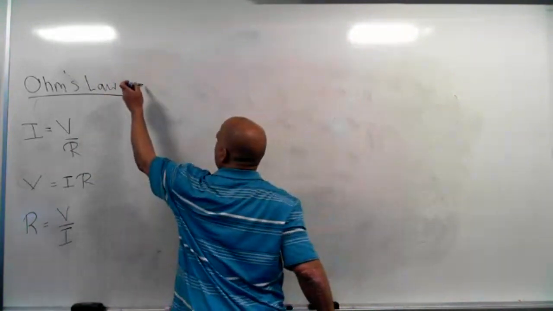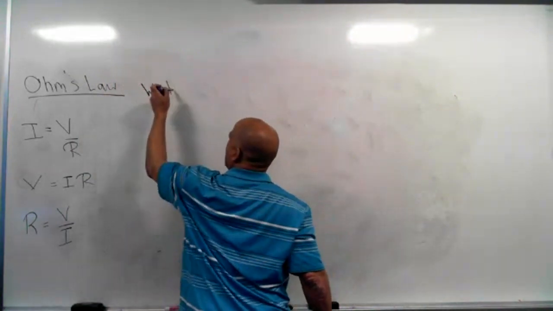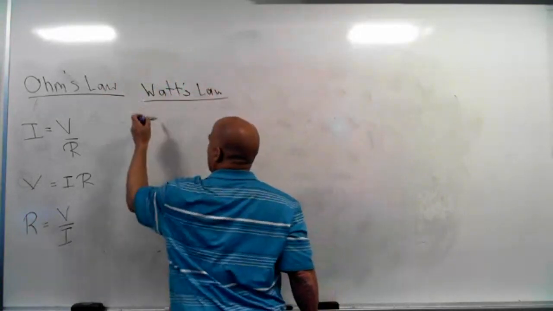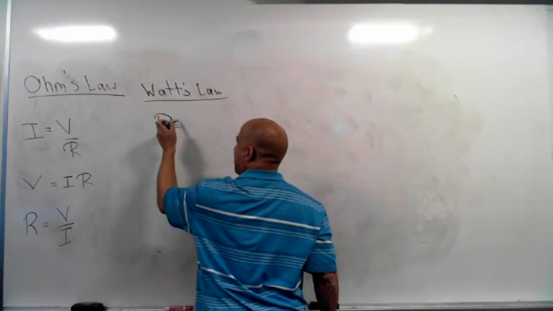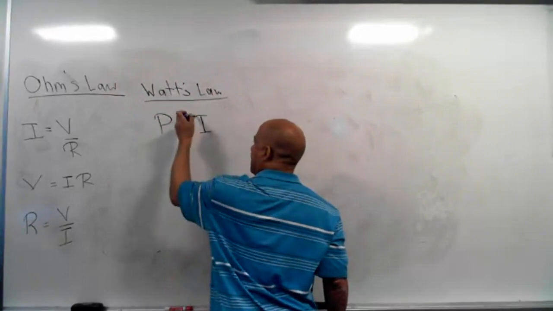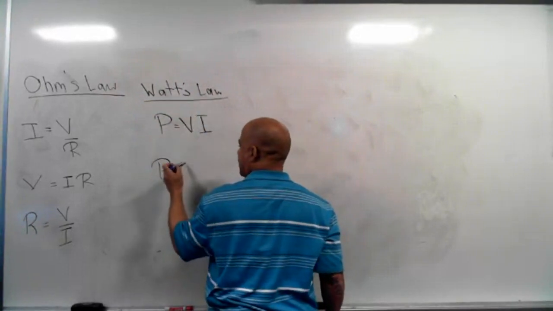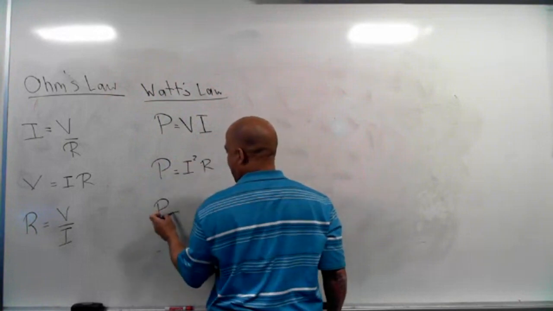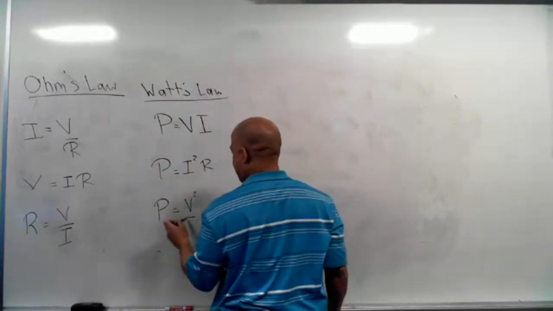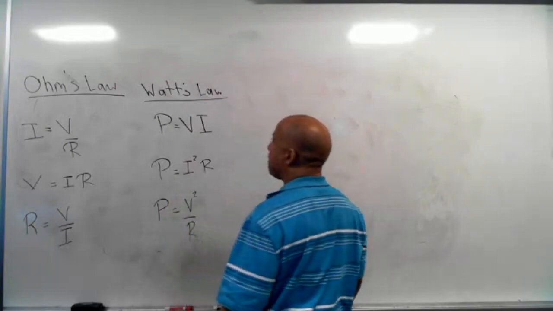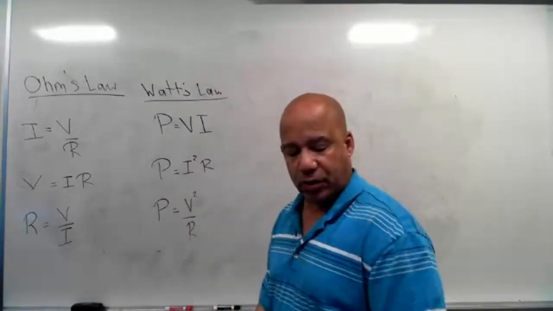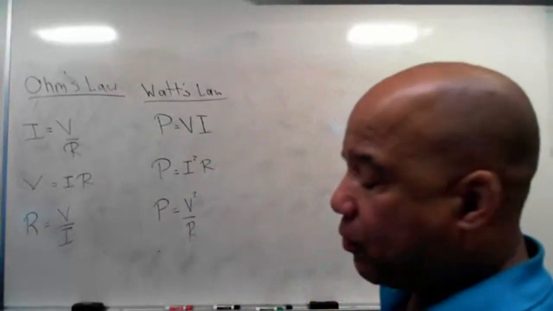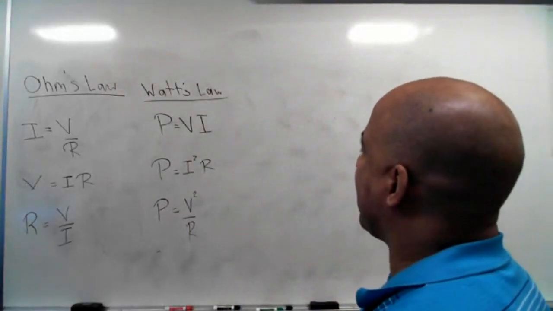So what we ended up with for Watt's law: I can write P as V times I. I can write P is I squared times R. Or I can write P equals V squared over R. And so these two laws, Ohm's law and Watt's law, are the basic tools that we'll use to solve circuits in this class.